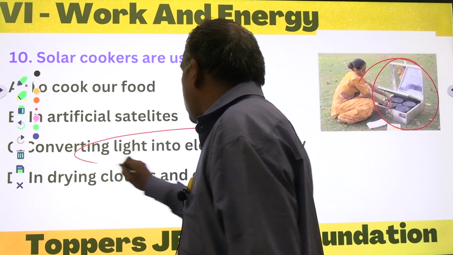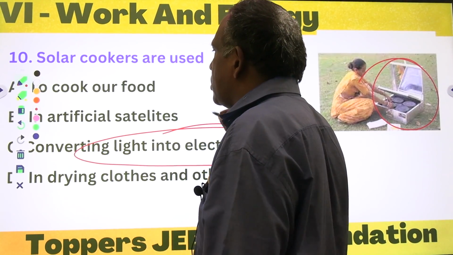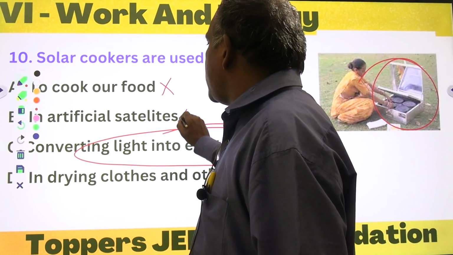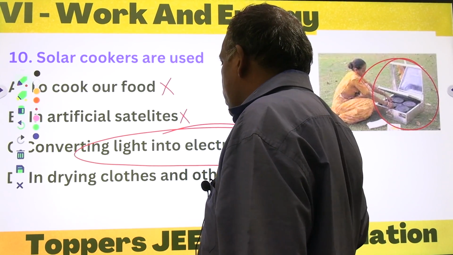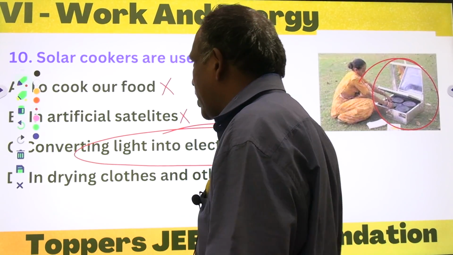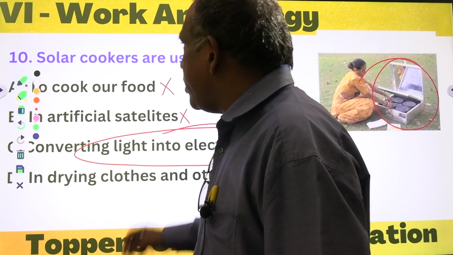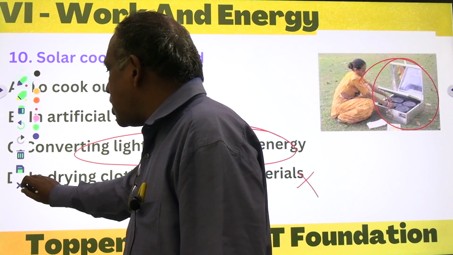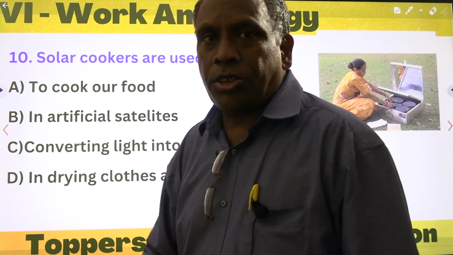Some high quality material is used to convert it: light energy is absorbed by that material and converted into electrical energy. That is the reason option C is correct. Cooking food, artificial satellites, and drying clothes are not correct. So converting light into electrical energy is the correct answer for the 10th question.